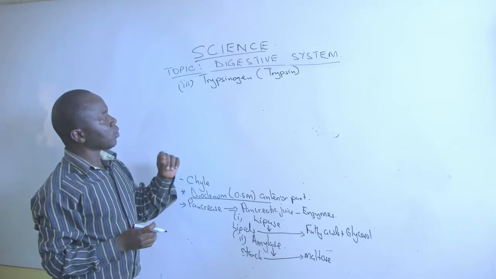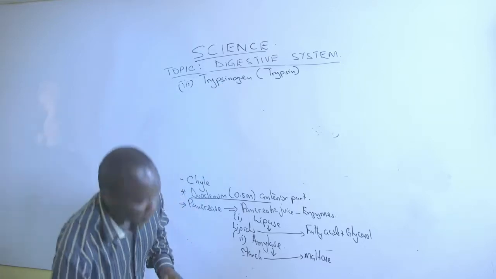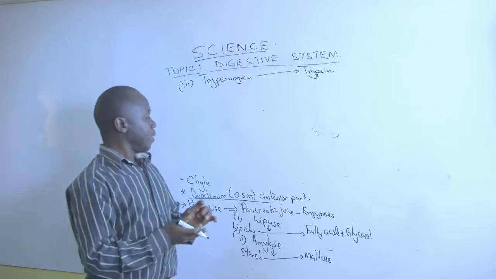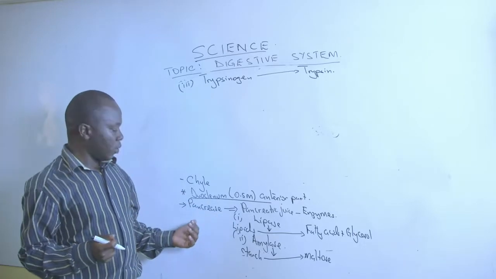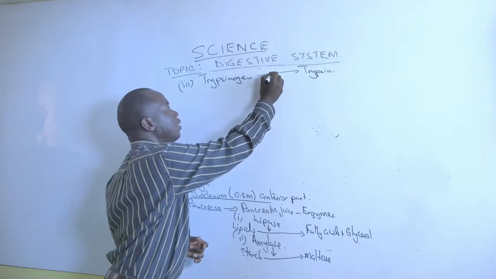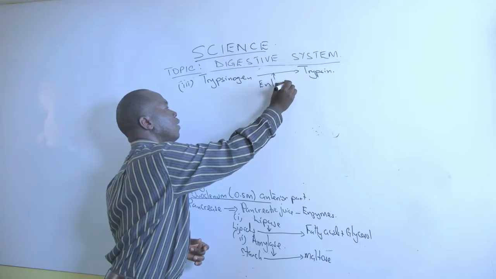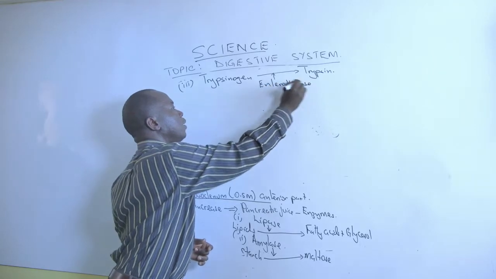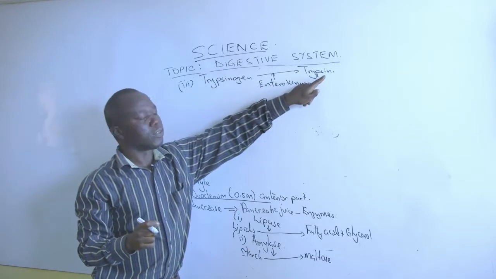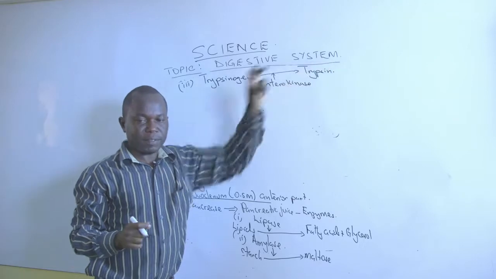So the question is, what converts this trypsinogen to trypsin? We have an enzyme that is secreted by the walls of the duodenum called enterokinase. Enterokinase converts trypsinogen to trypsin so that it can now be active.